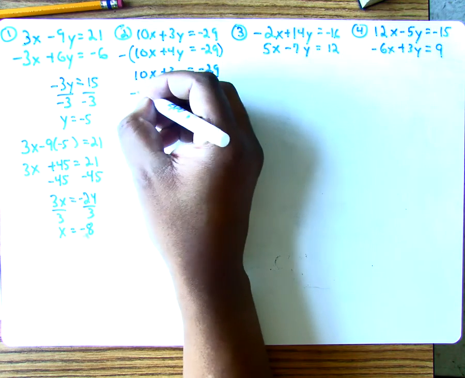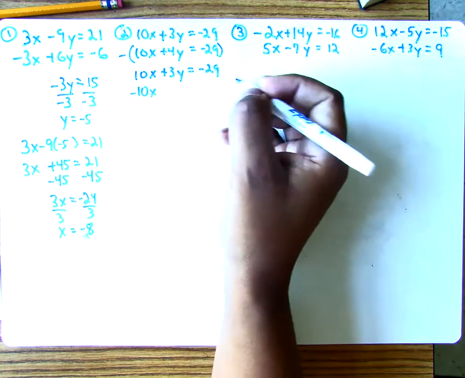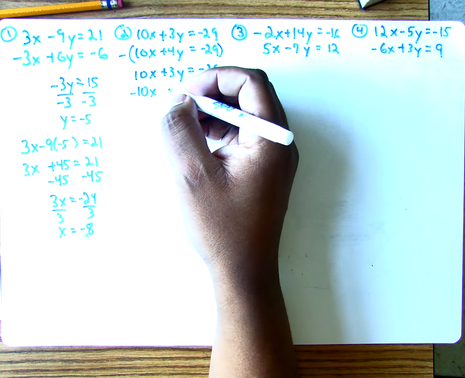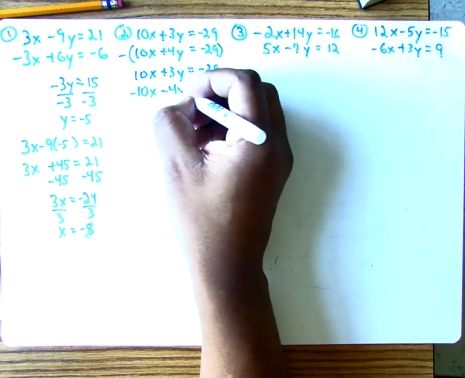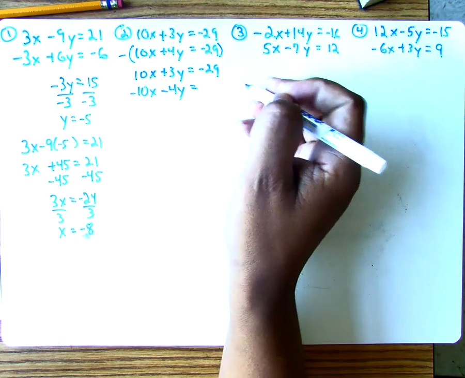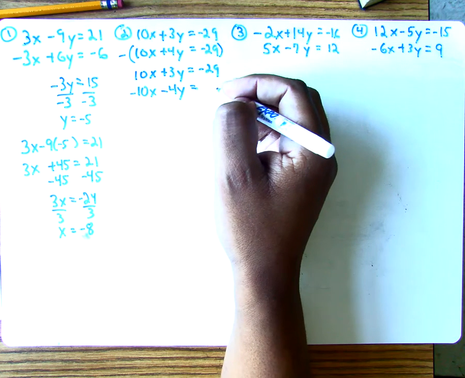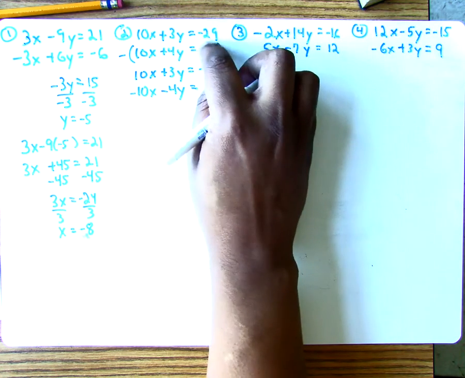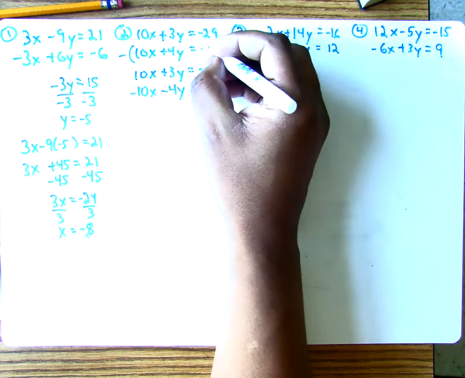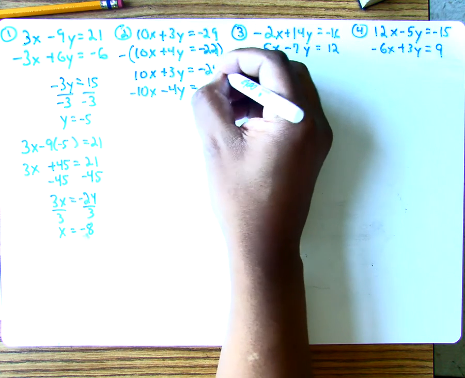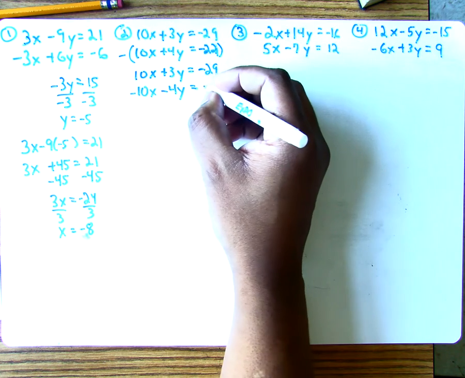Negative times this will be negative 10x. Negative times 4y is going to make this a negative 4y. And negative times negative 29 will make this a positive 22.